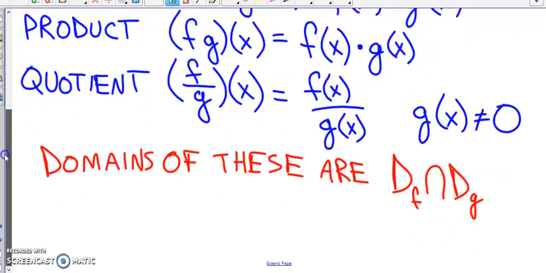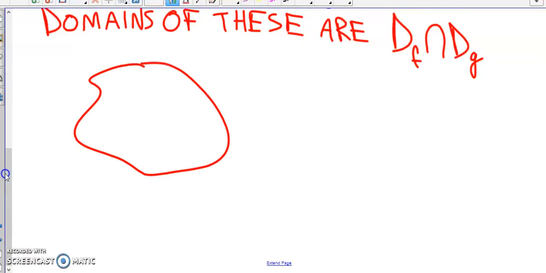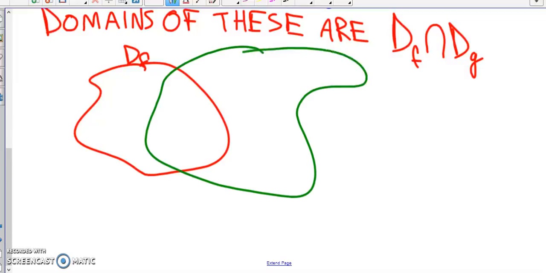Just think about it this way. Let's say that this thing is the domain of F. So these are all the x's where F is defined. And let's say that this, somewhere here, is the domain of G. So those are all the x's where G is defined.